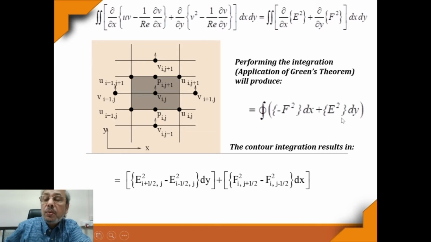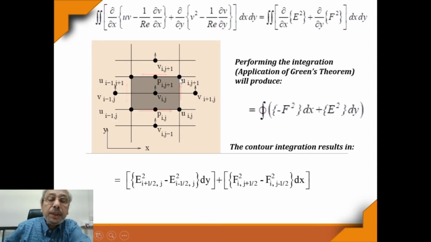So E2 first we will integrate, then minus F2 also will be integrated. This is a contour integral and will follow a cyclic integral. So you can see, when we calculate E2 dy, we define E2 here.